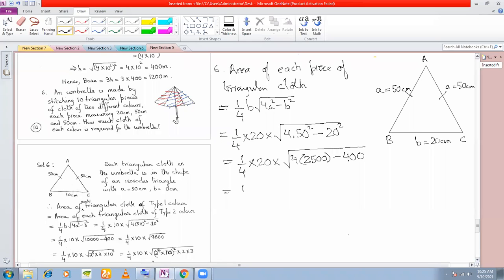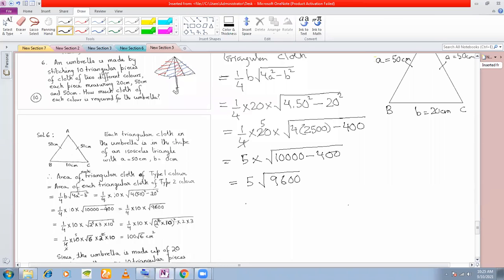Cancel this here. It becomes 5 into square root of 2500 into 4, which is 10,000, minus 400. So this is 5 root 9600. Okay, so this is 5 root 96 into 100.